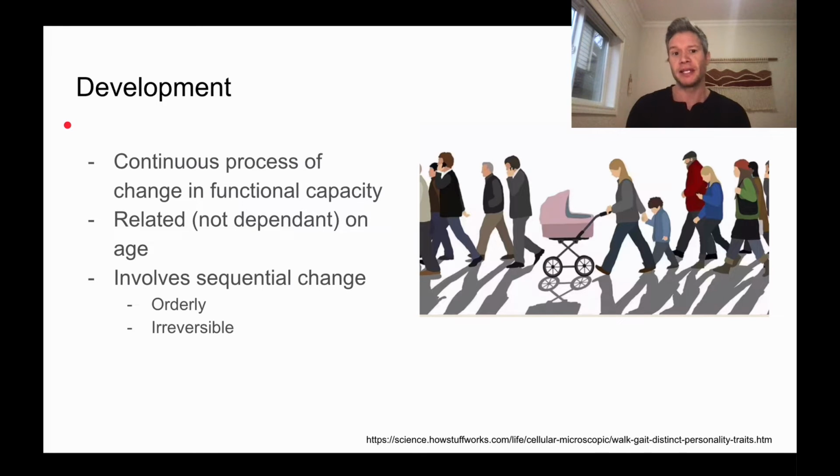So it's not dependent, but it's related. As we get older, we can think back to that first slide where the older gentleman's walking with the poles. That's related to age-related processes of getting older and having neurological or musculoskeletal changes in the body. But it's not dependent. It's not a prerequisite, okay?